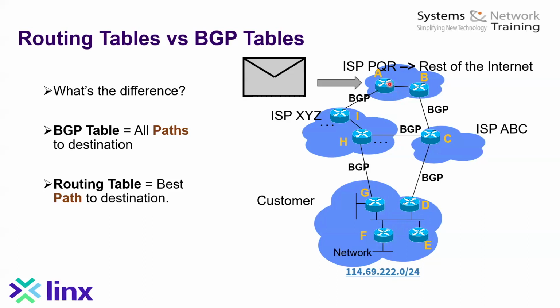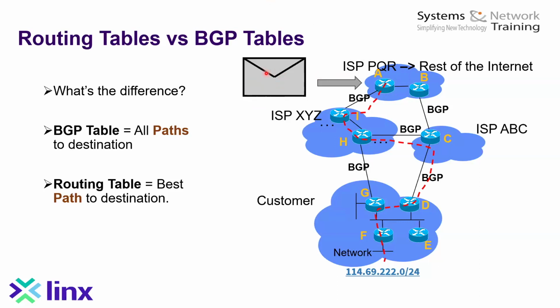So, for example, if you're router A up here, you might learn about that network via this path, via F, G, H, I, and A. Or you might have learned about that route via this path, F, D, C, B, A. Or you might have learned about it, for example, via this path here. Lots of different paths to get that route to you, which means when you get a packet here, you can potentially send that packet down each of those different paths.